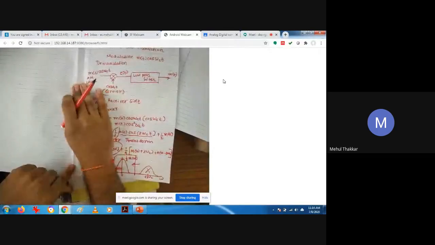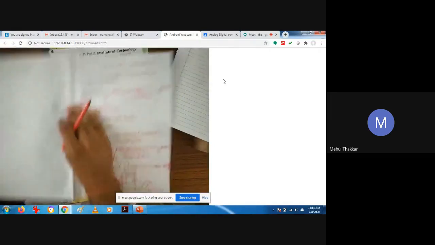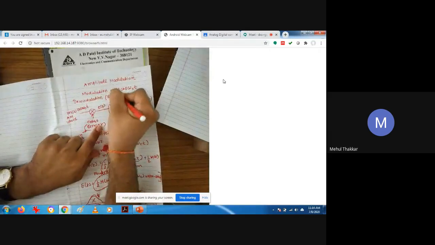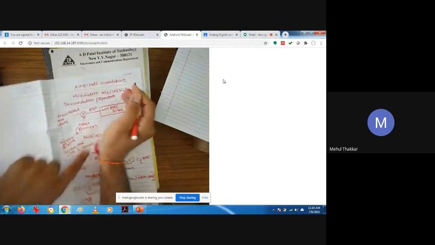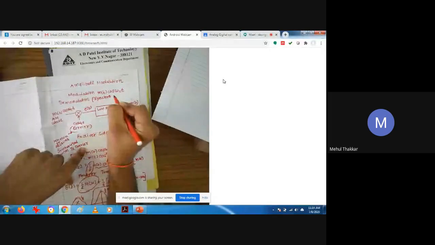That's why this is called synchronous detection, or coherent detection. It should be synchronized properly. If it is not synchronized properly, then definitely your desired output will not come. What will come, we will cover later on.